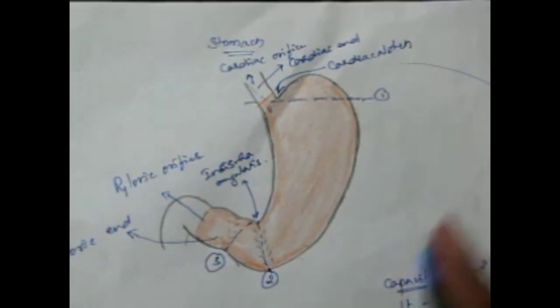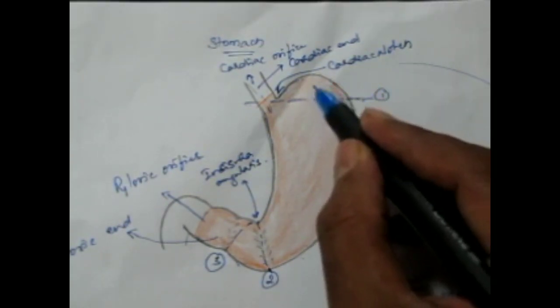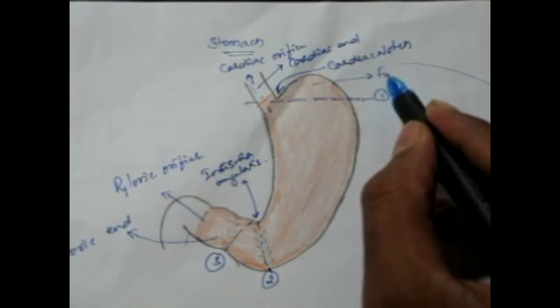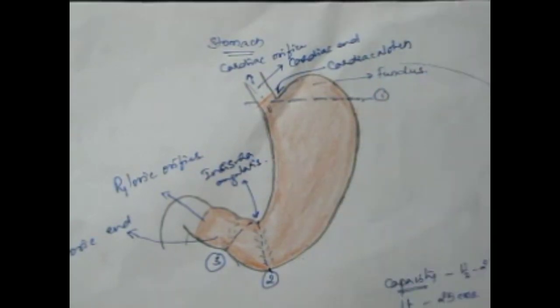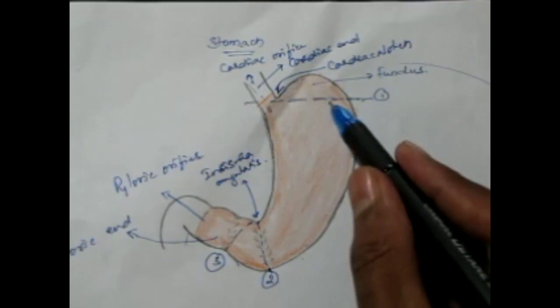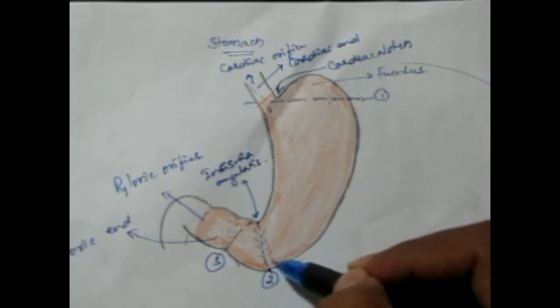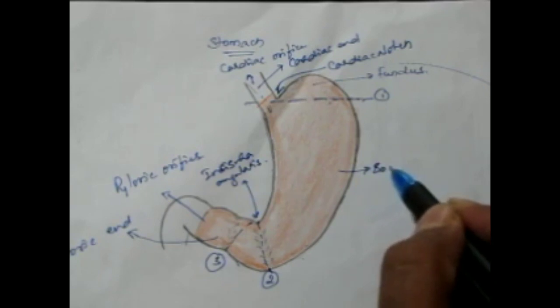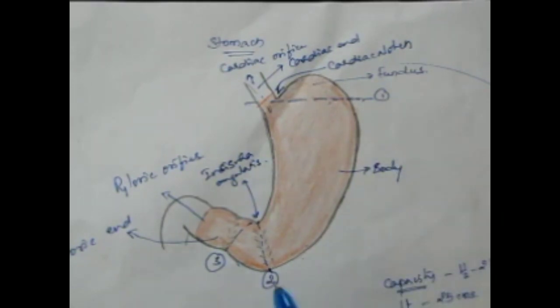Above the first imaginary plane is the fundus. Between the first and second imaginary planes is the body. Between the second and third imaginary planes is the pyloric antrum, and this one is the pyloric canal.